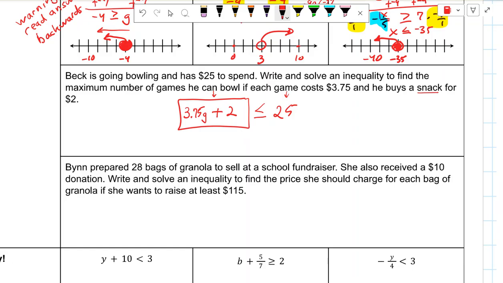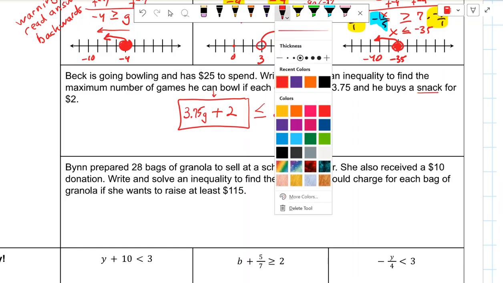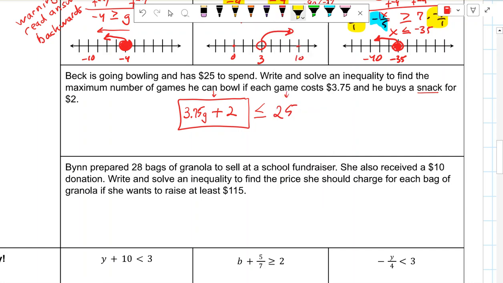So now that we have an inequality set, we're going to use properties of equality to solve. Our variables right here, we have to deal with a coefficient and a constant. Let's deal with the constant first by adding a -2 to both sides. And 25 plus -2 is 23.